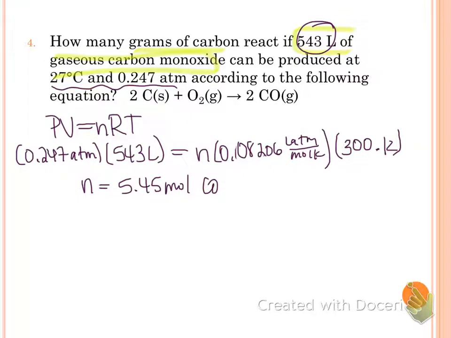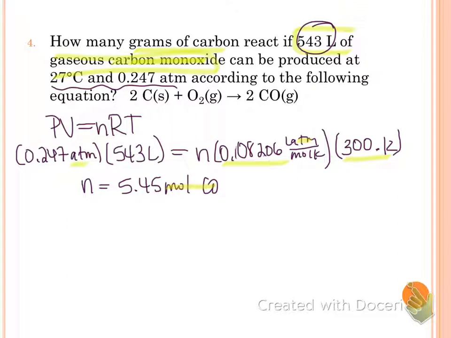A couple things to note here. Our units of pressure are in atmospheres, so we need to be using that 0.08206 R in atmospheres. Don't forget to change your temperature to Kelvin every single time we are working with gases. Last thing to note, this is not our stoichiometry step. This is just getting us from liters of carbon monoxide to moles still of carbon monoxide.